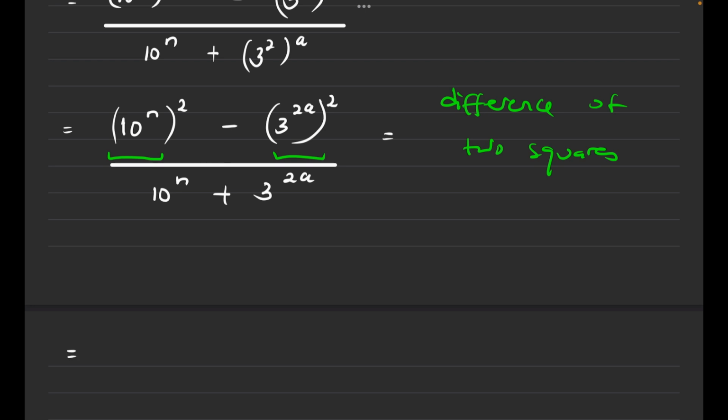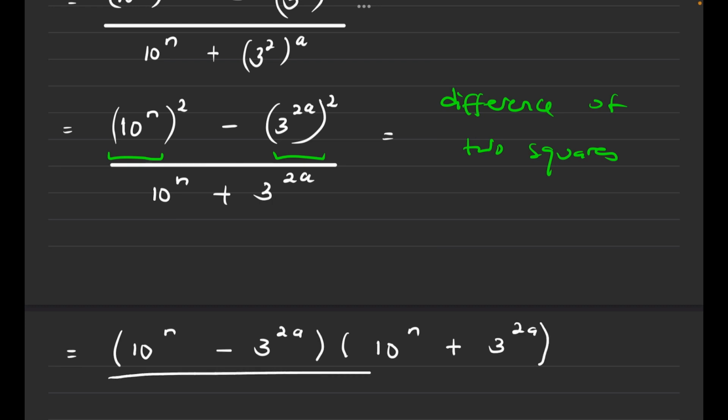So how does that factorize? I'm going to have 10 to the power n minus 3 to the power 2a multiplied by 10 to the power n plus 3 to the power 2a.